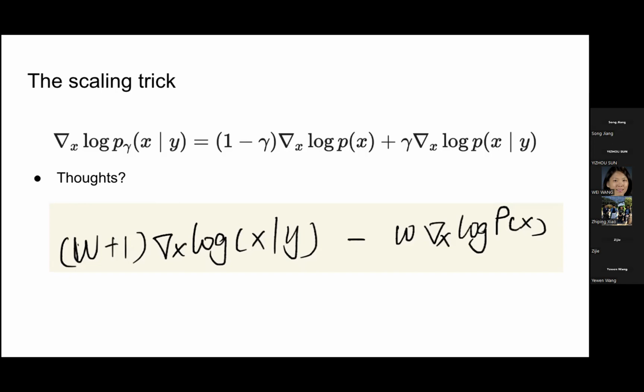You need to consider the condition of this label, but also the global one. That's why you think the summation makes more sense.